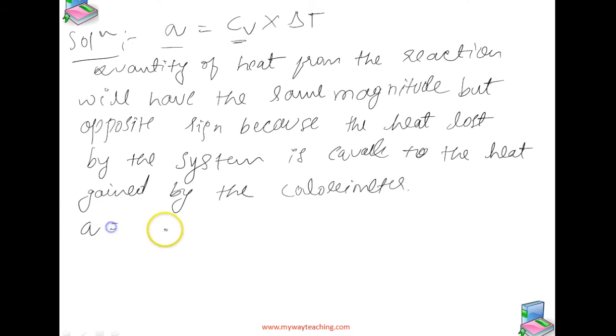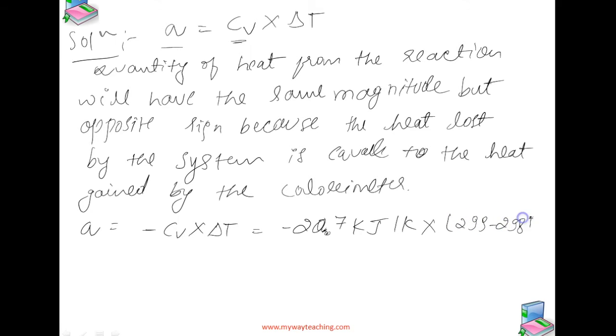That is, Q is equal to minus Cv into delta T, which is equal to minus 20.7 kilojoule per Kelvin into (299 minus 298) Kelvin, which is equal to minus 20.7 kilojoule.